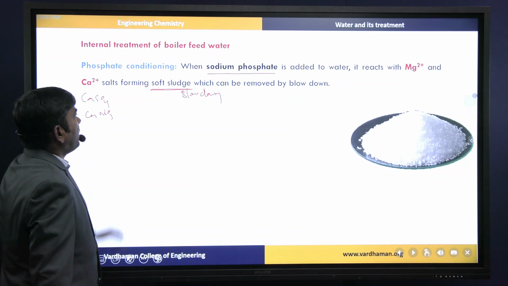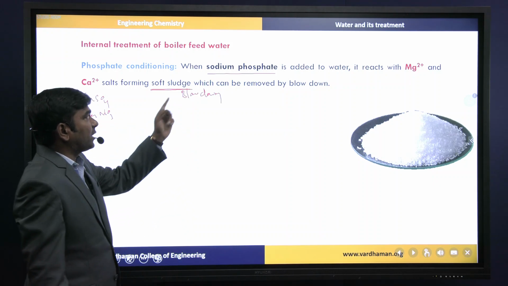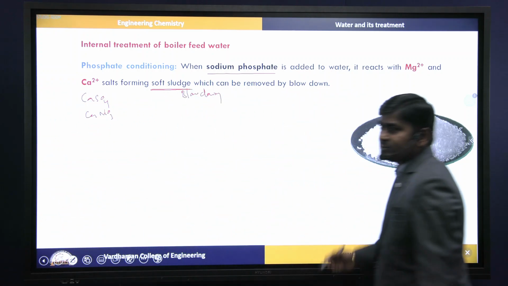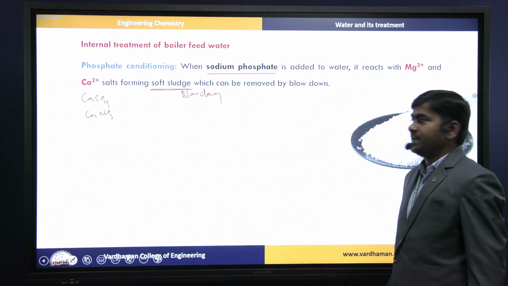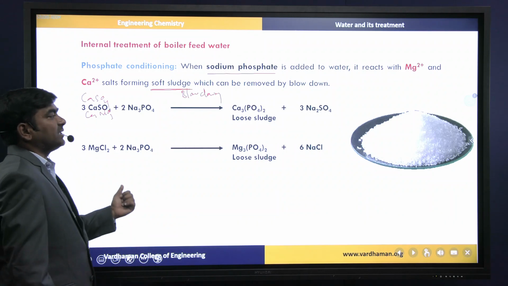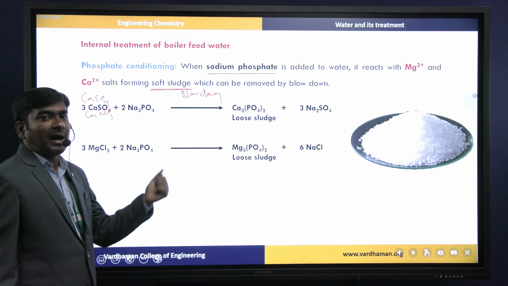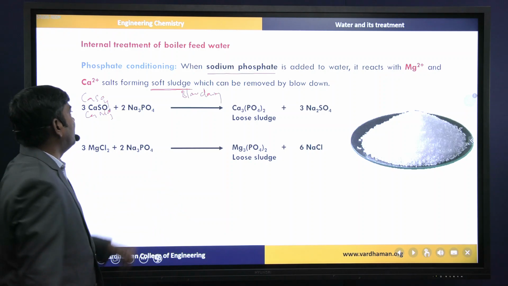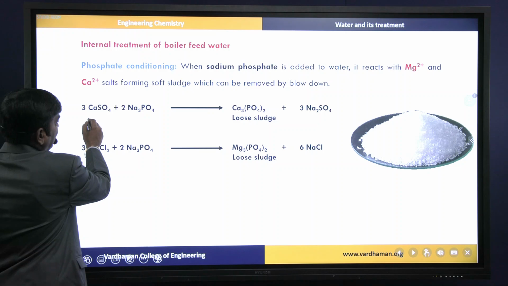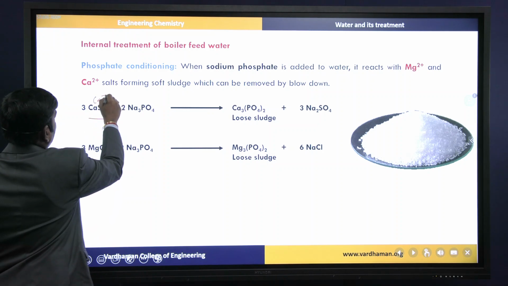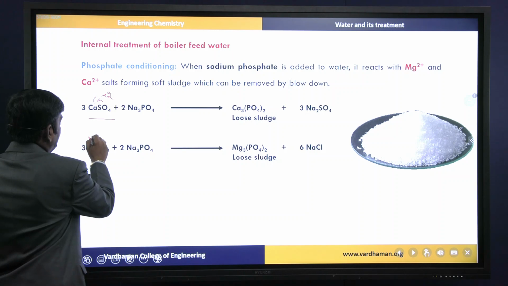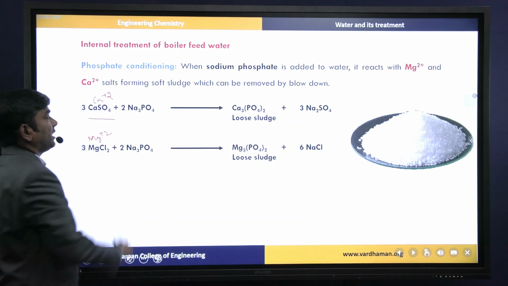In the phosphate conditioning method we add sodium phosphate, but there are three types of sodium phosphates available. We need to select one based on the pH, that is, the alkalinity of the boiler feed water. Here you can observe calcium sulfate, in which the calcium plus 2 ion will be there. Here magnesium chloride, where the magnesium plus 2 ion will be there.